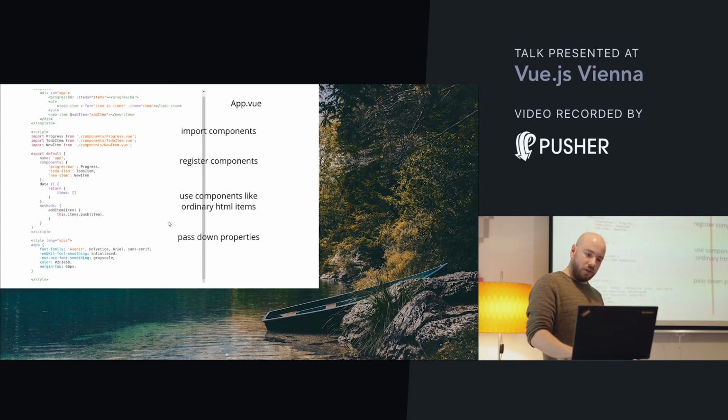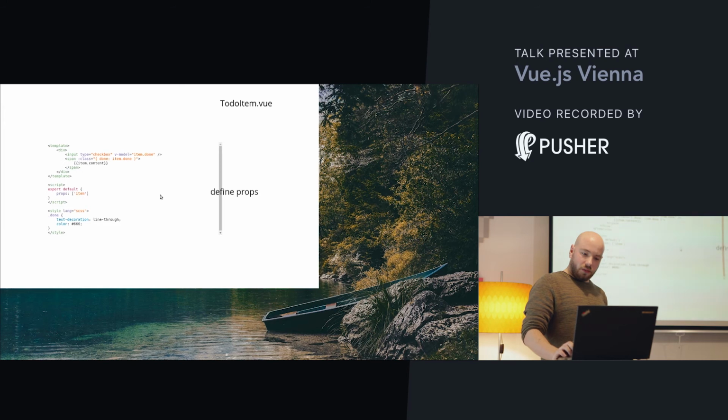And another important thing is, by using components, we need to pass down properties, which looks like this. So by passing down the items property, the progress bar can use the items in its own component.